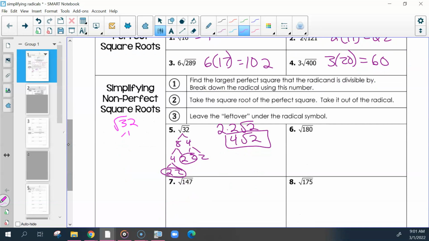So then I would break this down into 2 different sets of square roots. The square root of 16 times the square root of 2. This would be the equivalent of the square root of 32. And then we know the square root of 16 is what? 4.